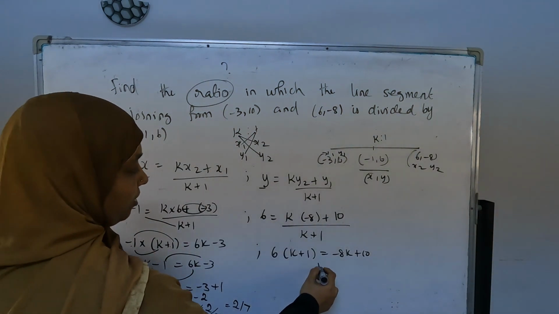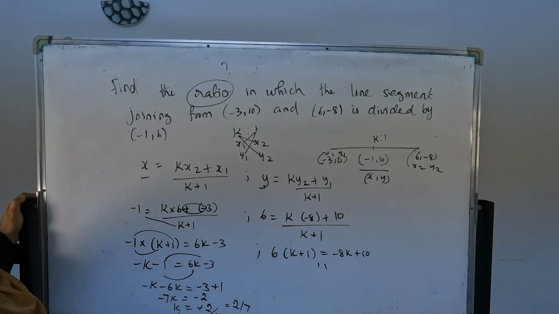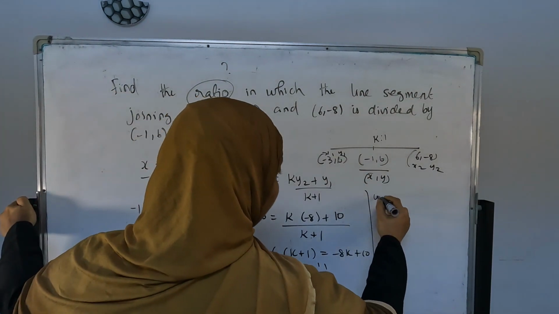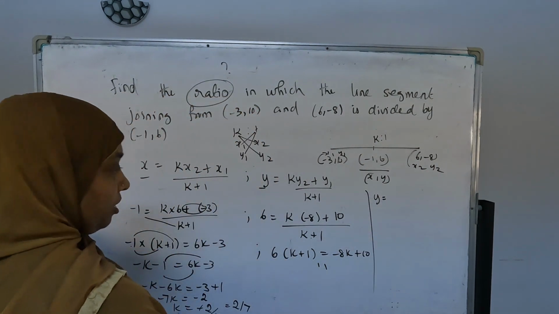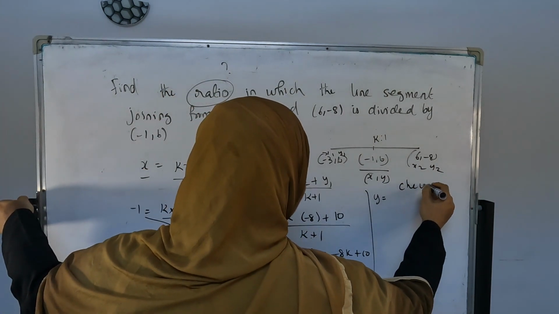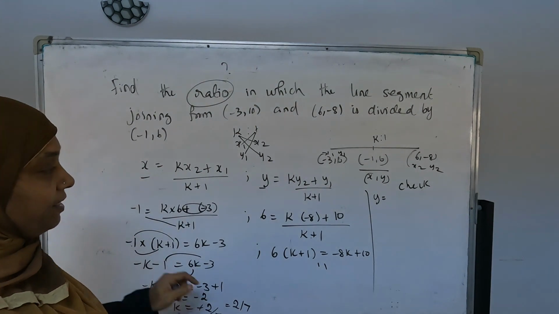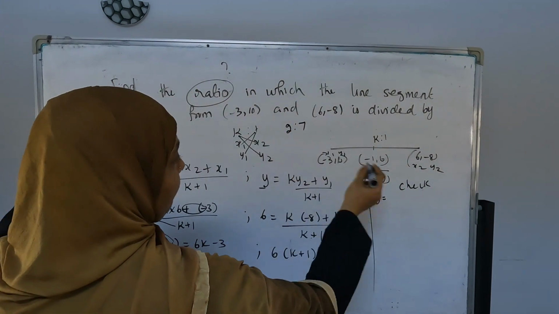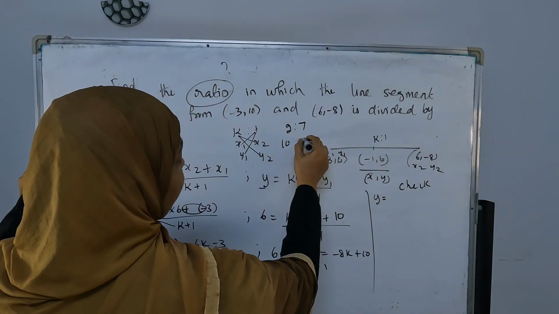If I solve the other one also, the same thing will come. If you want to prove this, we can substitute in the y, in the original formula, and check it. The checking condition: this 2 by 7, that means the ratio is 2:7, we are going to take, and the y points we take 10 and -8.